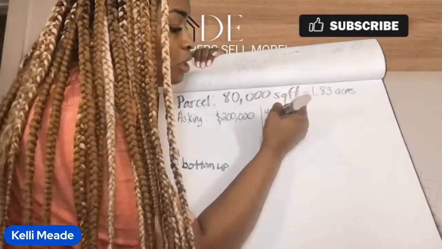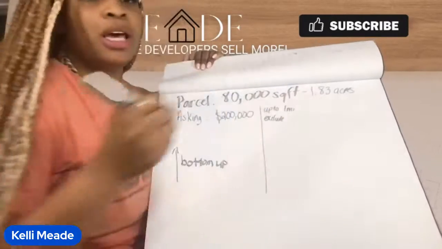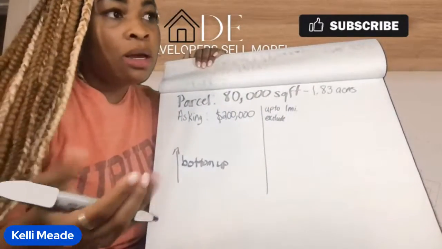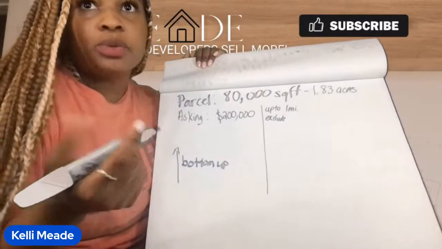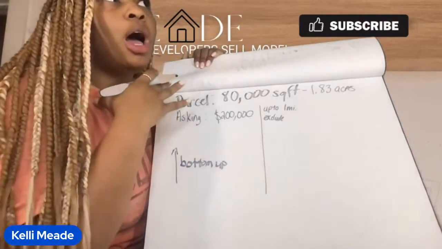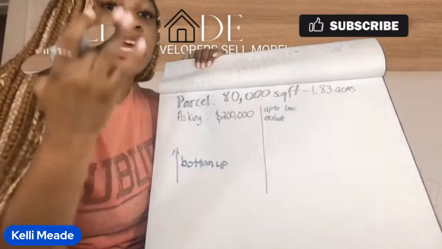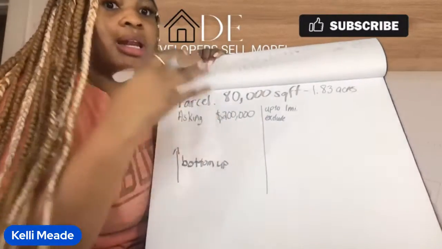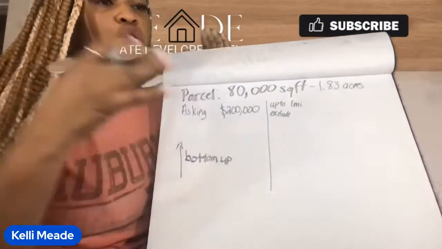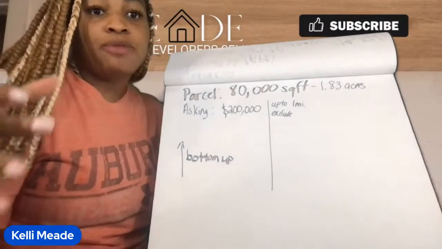Why do we do that? Well, we've been to areas where, if we're on an interstate, one side of the interstate and the other side are two completely different types of real estate.